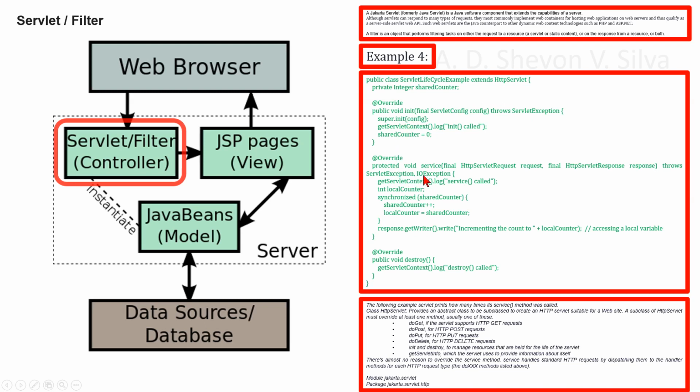The protected void service, HTTP servlet request and HTTP servlet response, receives standard HTTP requests from the public service method and dispatches them to the doXxx methods defined in this class.